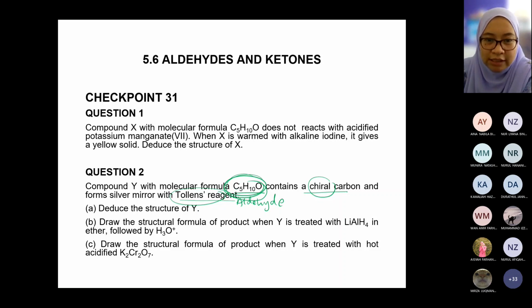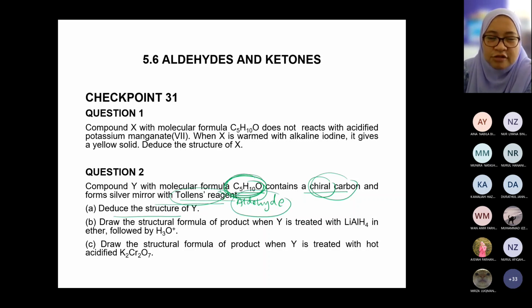So macam mana kita nak identify? Lagi satu dia bagi hint dekat situ, chiral carbon. Okay, chiral. Maksudnya this molecule, this aldehyde should have chiral carbon in it. So one of the carbon in this molecule is a chiral carbon. So dia suruh predict the structure of Y that satisfies all the syarat here. Dia ada 5 carbon, 10 hydrogen and 1 oxygen. Dia ada chiral carbon and it gives positive results to Tollens reagent. That means it is an aldehyde.